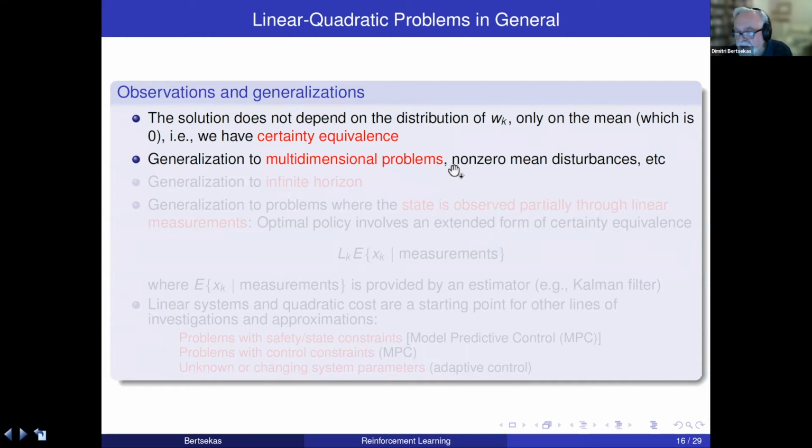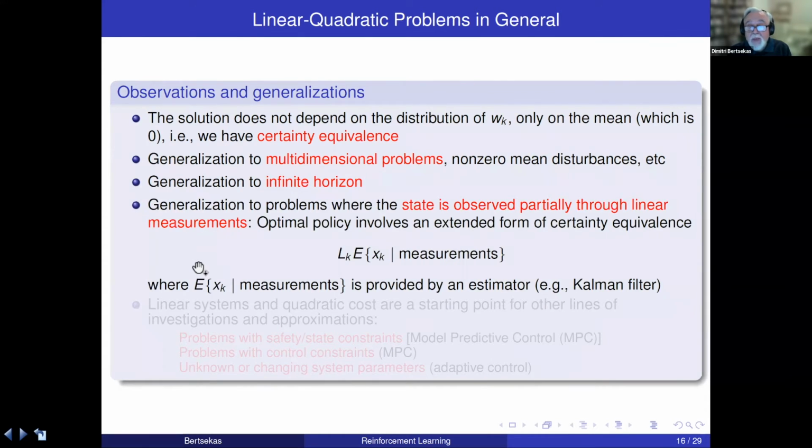They involve not just a single system equation, but multiple system equations. However, as long as we have a linear system and a quadratic cost function, the character of the policy remains the same. We may have non-zero mean disturbances. There's a generalization to infinite horizon, which we're going to talk about shortly.